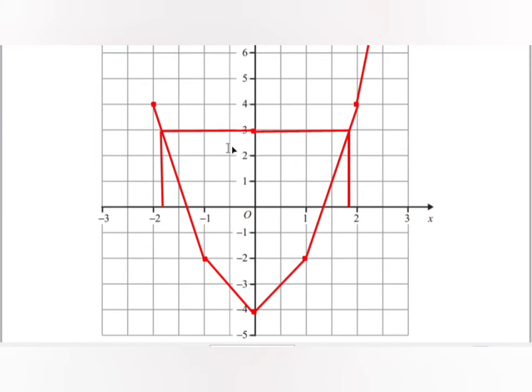So this is y equals 3. I made the line until this line stopped me, and I went back to the x-axis. I found this value and this value. They are the same values, which are 1.8. Let's say it's 1.8 maybe. So maybe it's 1.8, between 1.5 and 2, basically.